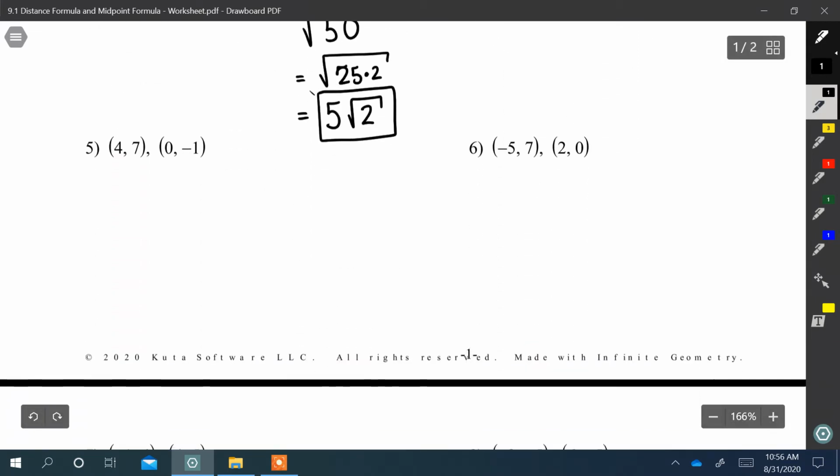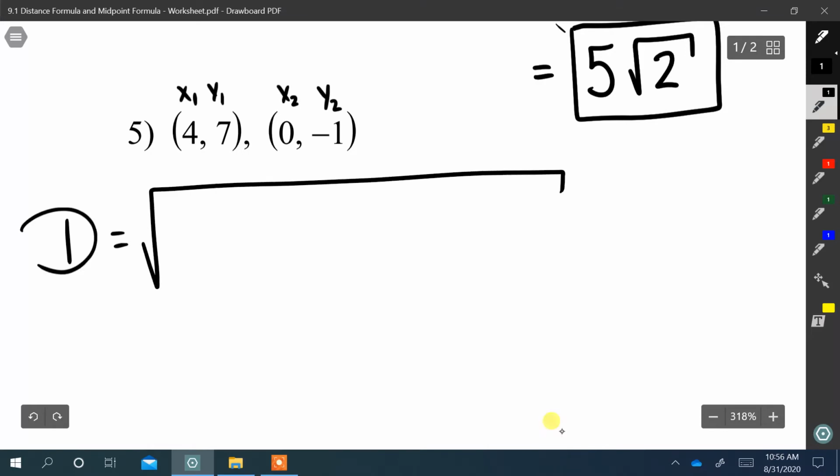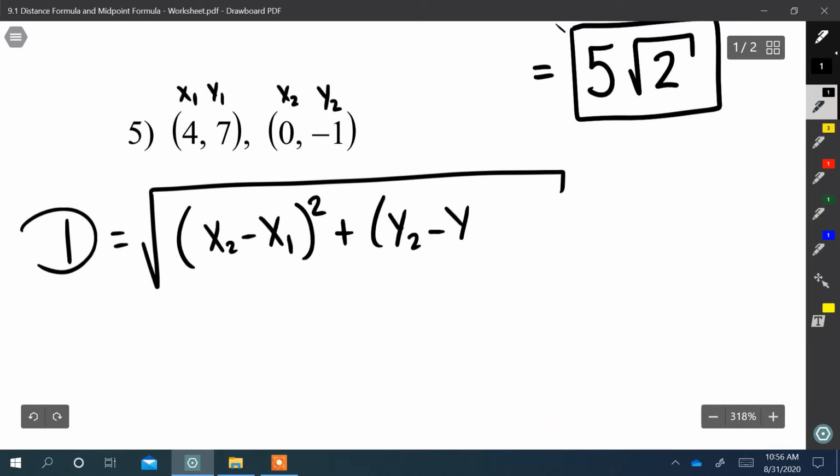Now in here, they're actually giving us the points. They're not giving us the graph. So I think that makes it a little bit easier. Let's just say that this is x1, this is y1. We'll make this one x2 and y2. And then again, we will use our distance formula. So we have x2 minus x1 squared plus y2 minus y1 squared.